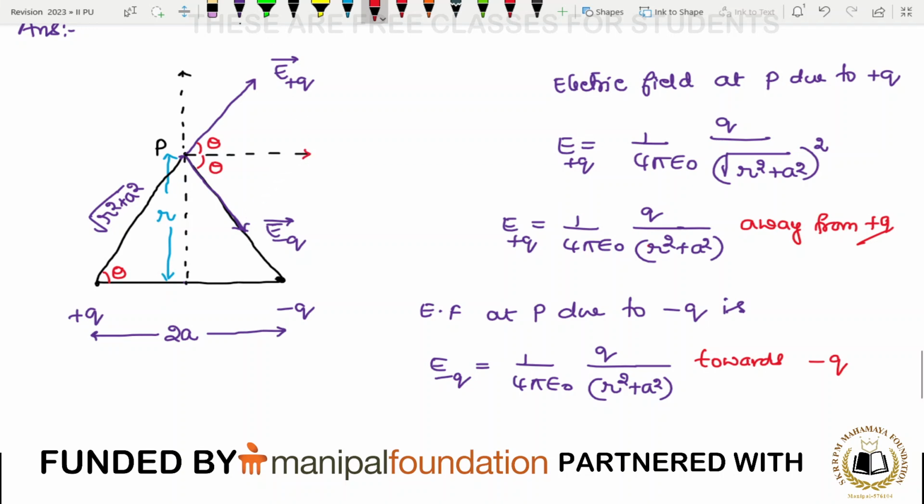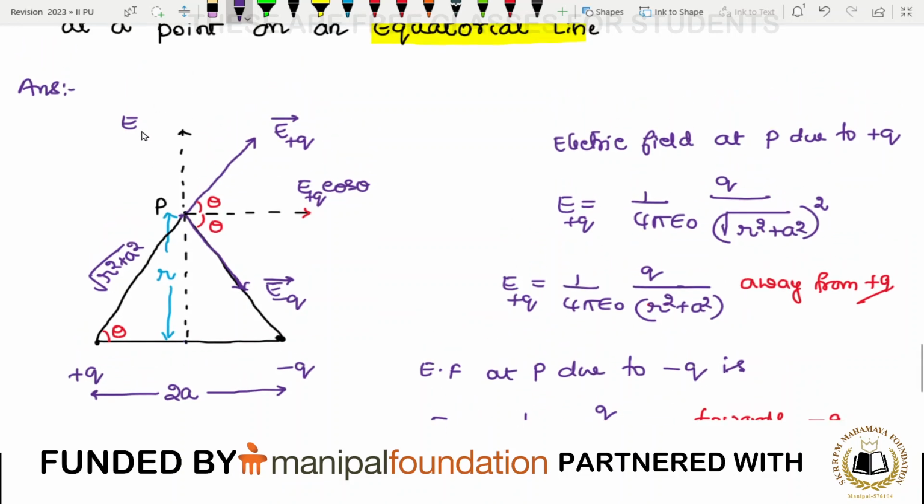If we resolve this one, E plus Q vector, how much does that become now? E plus Q, this side becomes cos theta, because this vector makes angle theta here. And here it becomes E plus Q sin theta.